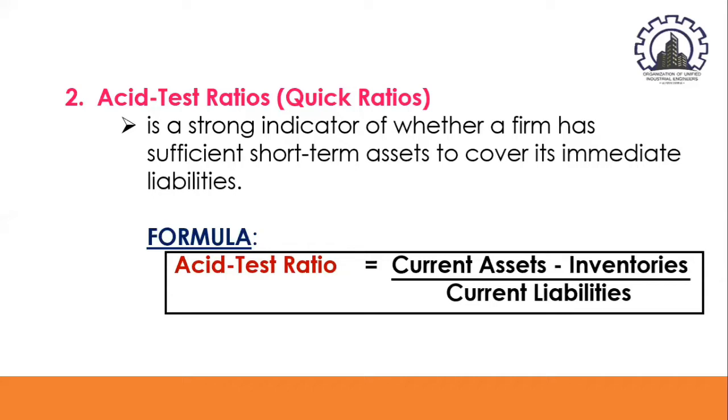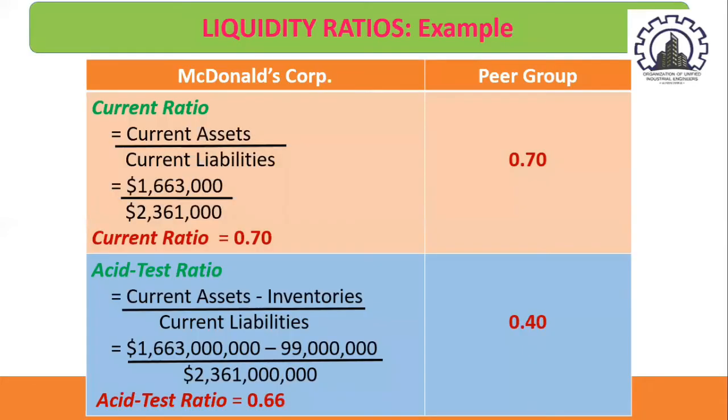In order for us to better understand the difference between the acid test ratio and current ratio, let me show you an example. As you can see on the tabulation, we are comparing two companies. First, we have McDonald's Corporation, and second, the peer group.